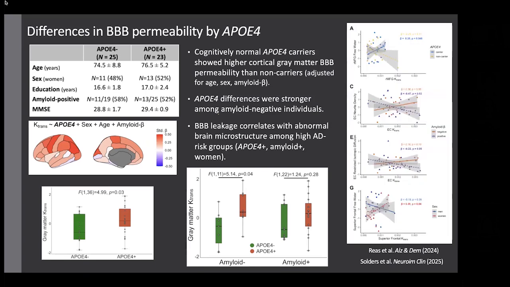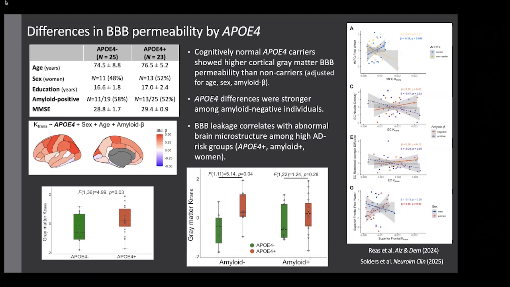And so we looked at correlations with our RSI measures of brain microstructure and found that higher blood-brain barrier permeability on the x-axis correlated with abnormal microstructure, including increased free water, lower neurite density, lower restricted isotropic diffusion. But we only saw these correlations for ApoE4 carriers, for amyloid positive individuals, and for women.